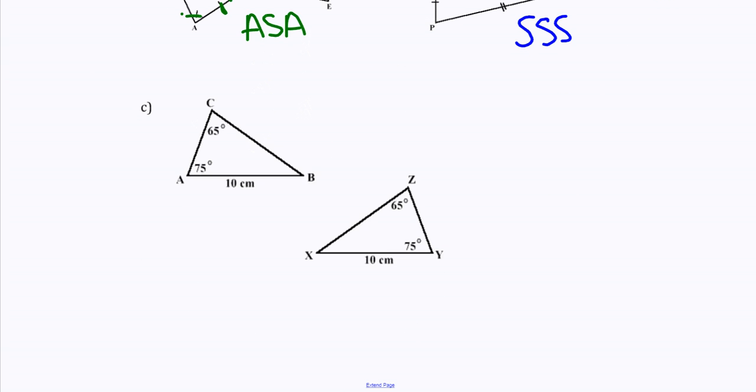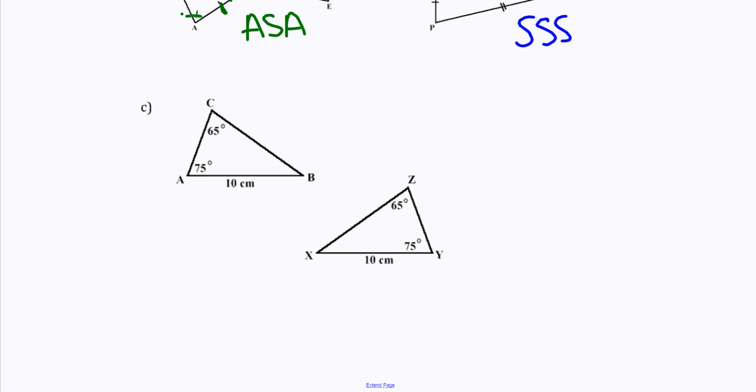Finally, in this last pair of triangles, okay, again, you might say, well, I don't have 2 angles and the side in between them, right? I would need to know CA and ZY to be able to prove this by angle, side, angle. Okay, I don't have the side in between. Fortunately, we do know, though, that the three angles in a triangle have to add up to 180 degrees.